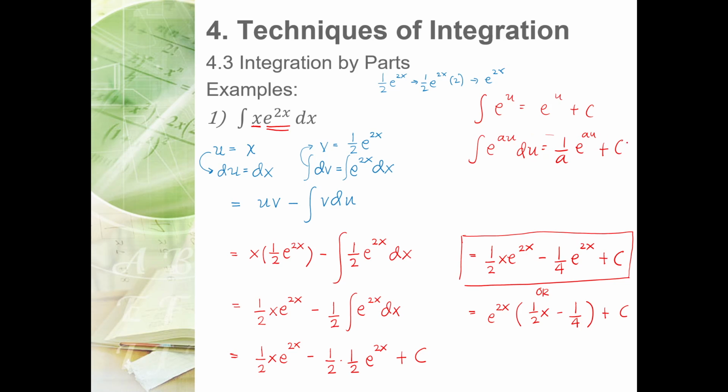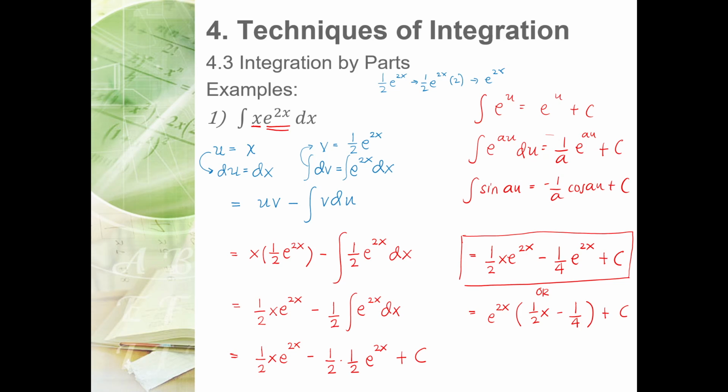I think this is the same as your trig functions, where the angle has a coefficient, for example, sine au becomes negative 1 over a cosine au plus c. That's the same idea as trigonometric functions having coefficients in the angle, but in exponential functions, the coefficient is in the exponent only.